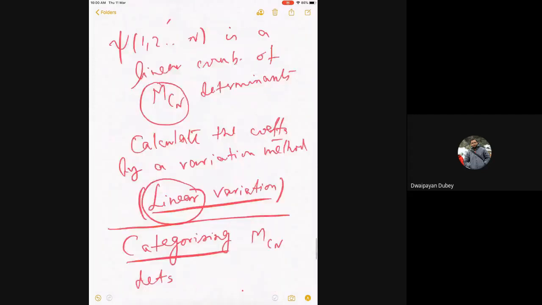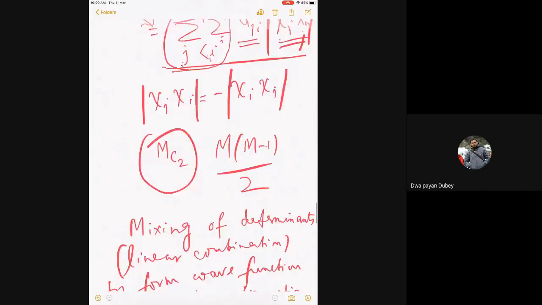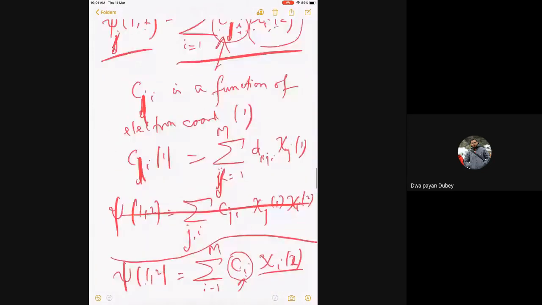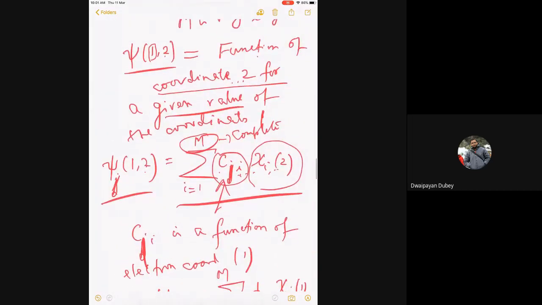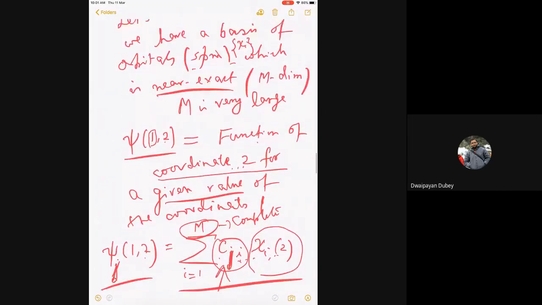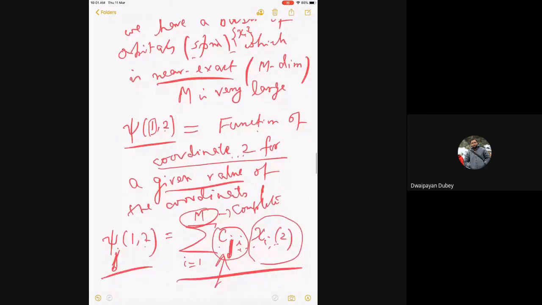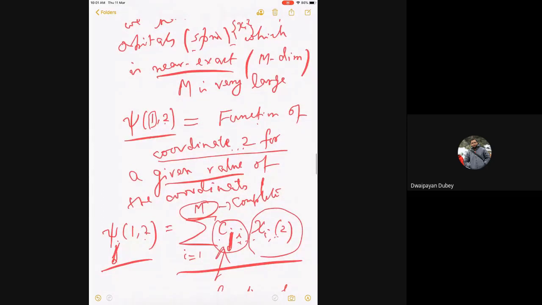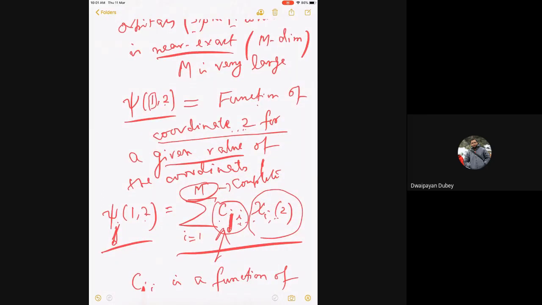But once again, I just wanted to tell the basic idea of a CI: it is a linear combination of determinants, and the way it is derived is in the following manner. I gave an example of a 2-electron function. First, look at it as a function of coordinate 2 for a given value of the coordinate 1, or in general n minus 1.